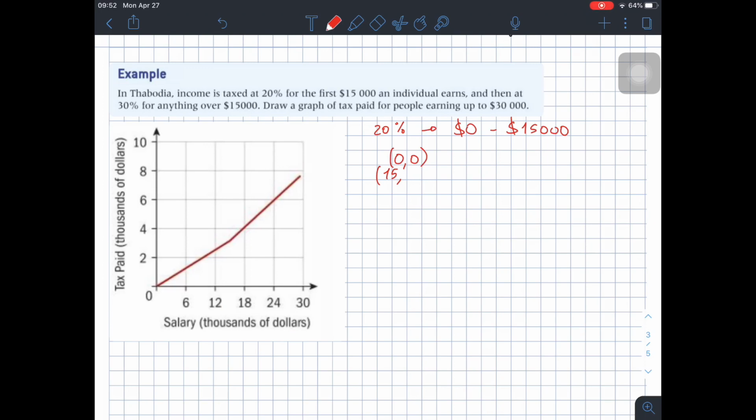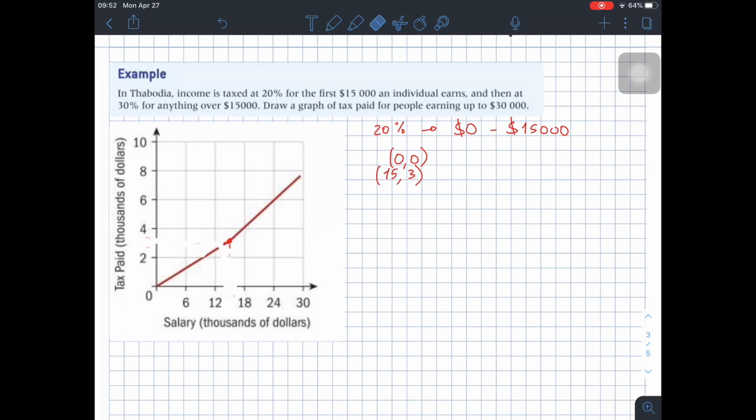If we spend $15,000, we're charged 20% of it, which is 3, representing $3,000. So that's another point, which is right here. You see this is 15, and this value over here is 3.